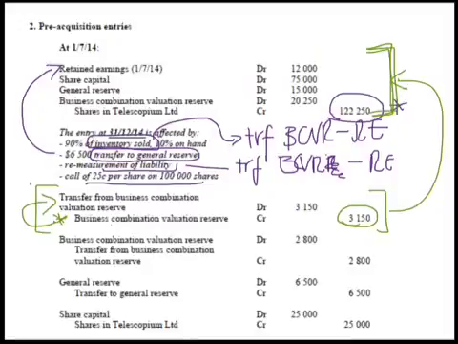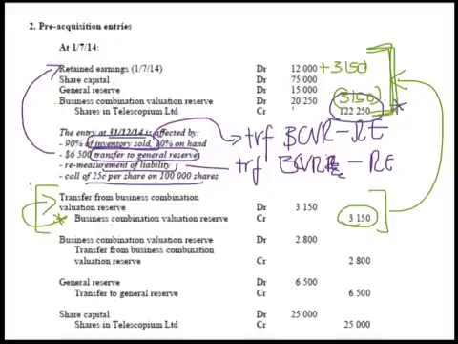So our BCVR is debited in this adjustment entry. We want to transfer it from the BCVR, so we have a credit to the BCVR to reduce it, and a debit to the retained earnings to increase that adjustment on that line item. The remeasurement of the liability should then basically just be the other way around.